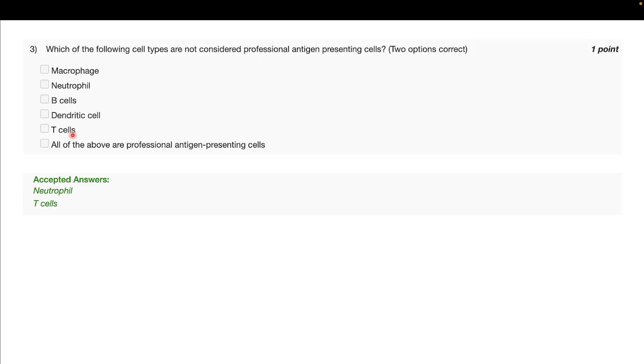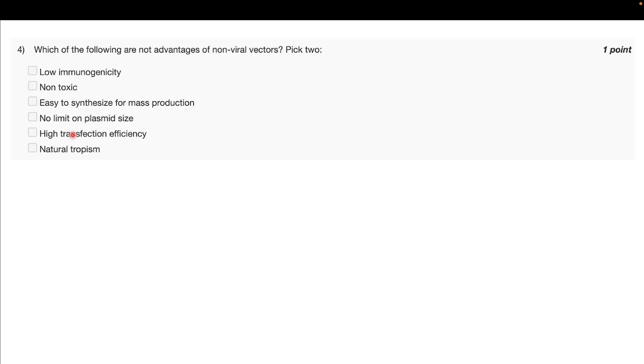Okay, I'll move on towards the next question then. Next is, which of the following are not advantages of non-viral vectors? We have to pick two correct options.